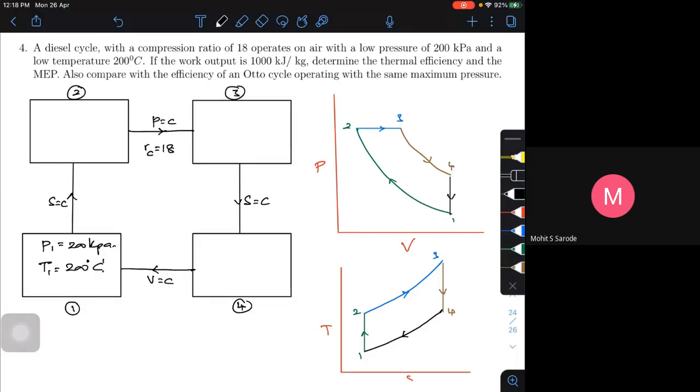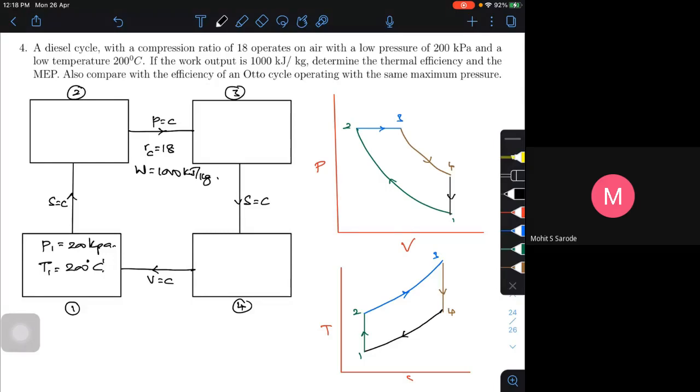If you want, you can convert it to Kelvin: 200 plus 273, it will be 473 Kelvin. Then they have given the work output W, which is equal to 1000 kilojoules per kg. Determine the thermal efficiency and mean effective pressure. So this is what is given.